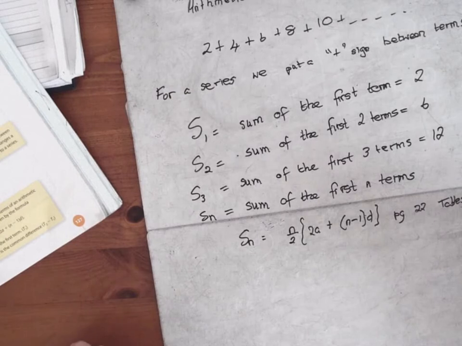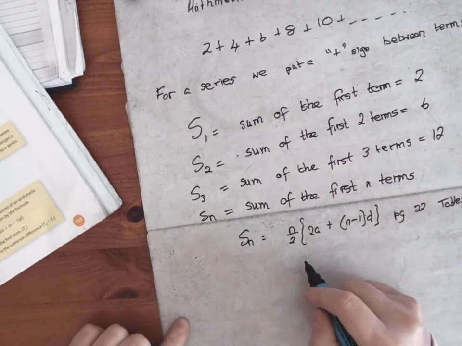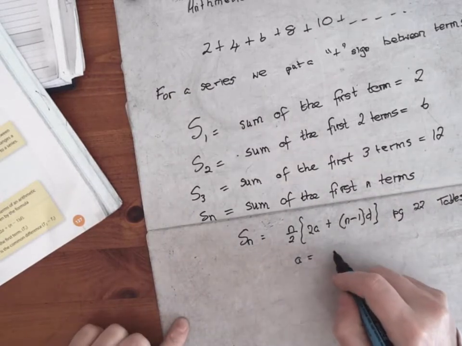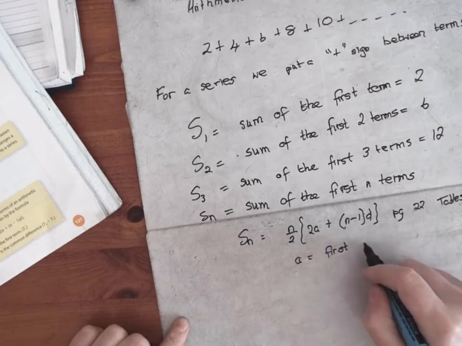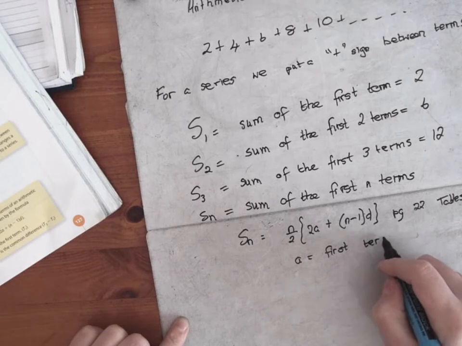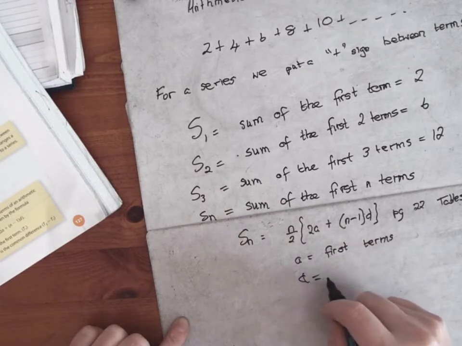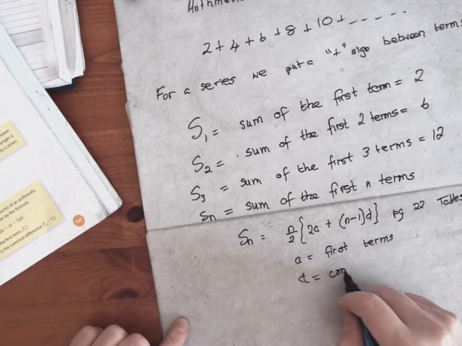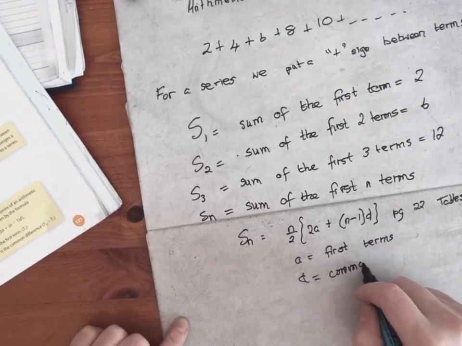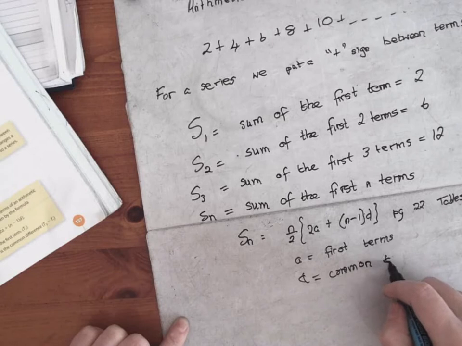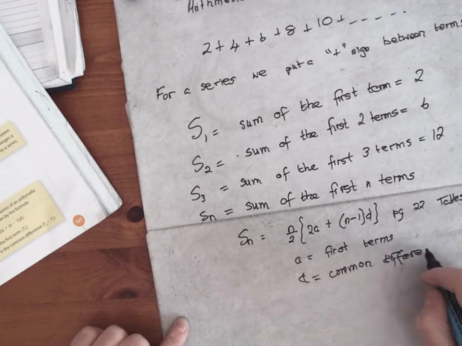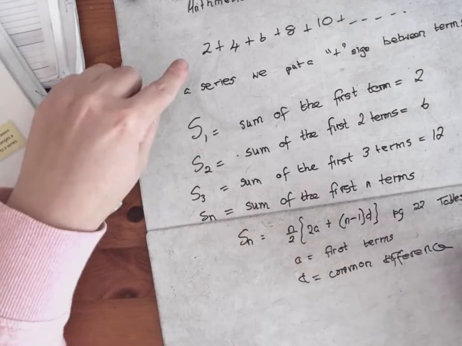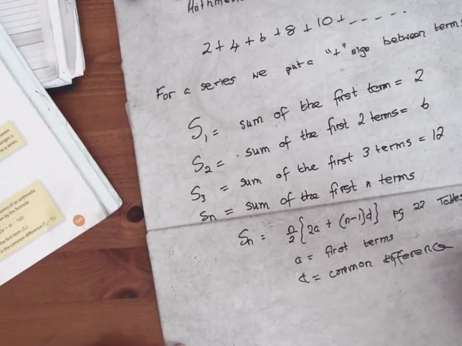Page 22 of the tables. And again, girls, a is the first term, like before, and d is the common difference, same as before. So for the one above, a would be the first term, which is 2.